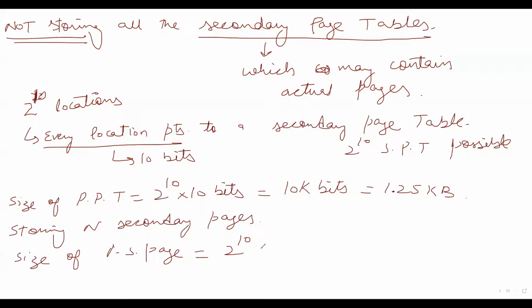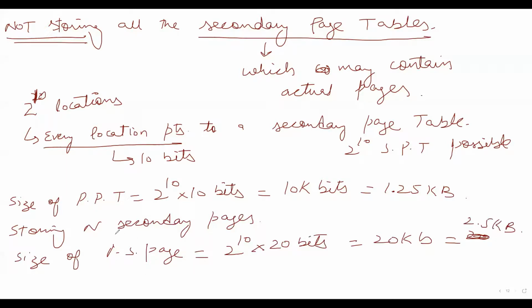So it will be 2 raised to the power 10 into the frame number. Let's suppose the frame number is of 20 bits. So it will be 20 kilobits or 2.5 kilobytes.